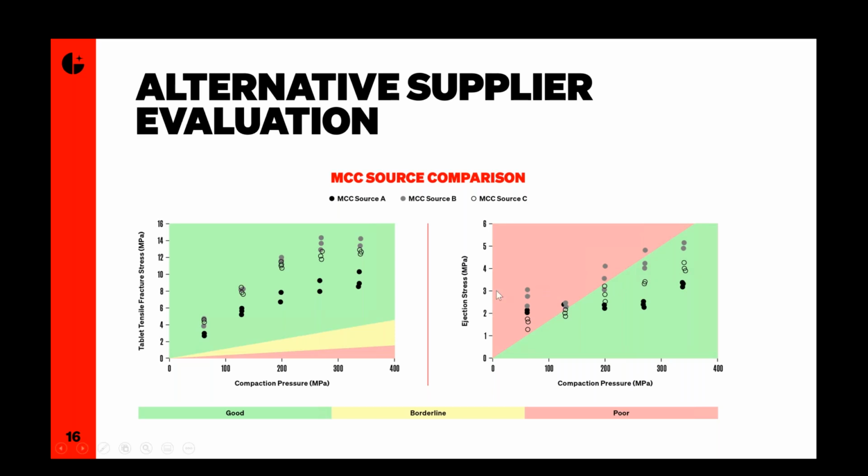So if you were choosing between sources A and B, you would ask, has my formulation had sticking and picking issues in the past? In that case, there's no way we can go with source B. Or has it had low hardness problems in the past? Because if that's the case, then you want to stay away from source A. So it's an example of just how easy it is to see the differences in how materials compact, and how it could potentially impact the quality of your final tablets.